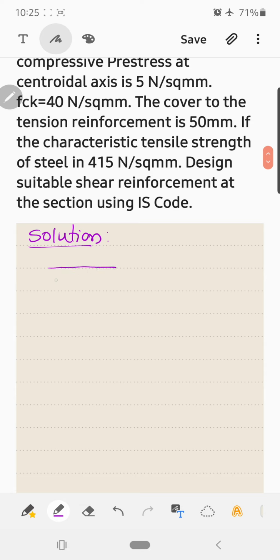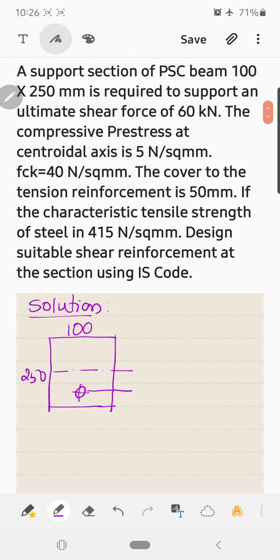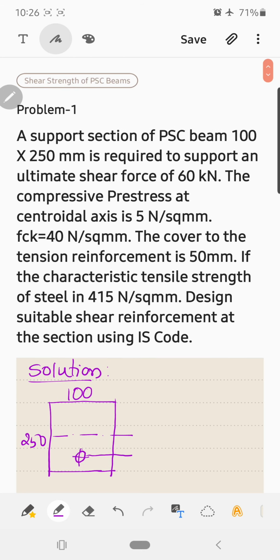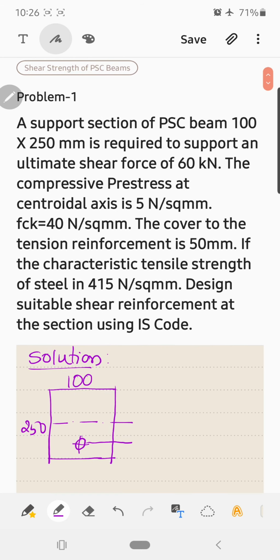First we'll draw the section. The size of the section is 100 mm by 250 mm. The clear cover is mentioned.